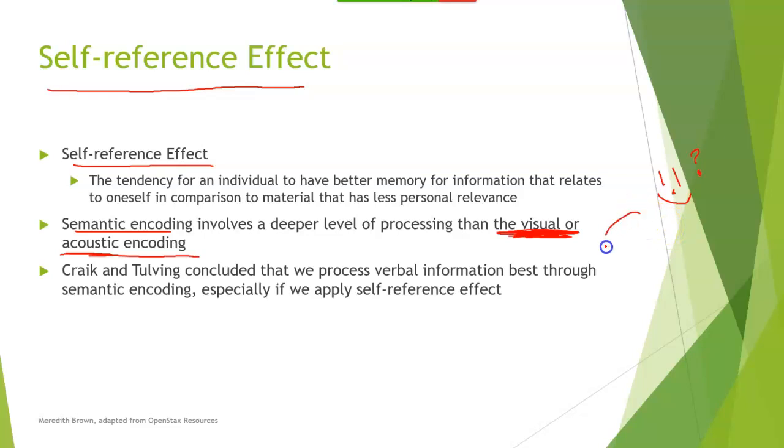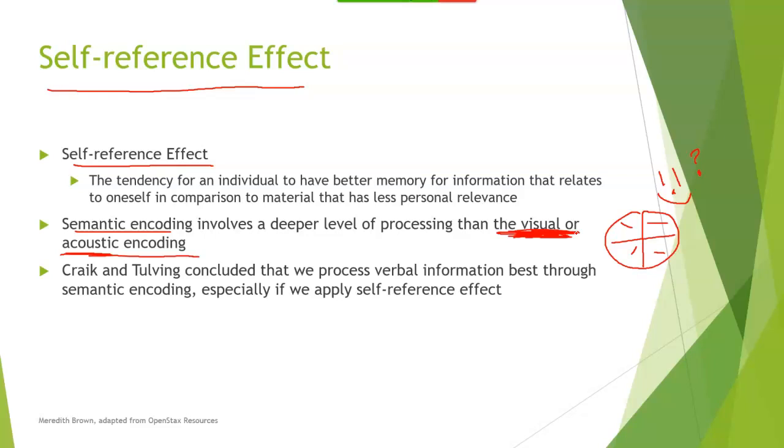But the truth is, when we start talking about learning styles, everyone is pretty much equal in all of the learning styles. You may lean towards something because it's a preference, or it's how you were raised, or it's how you've always done it. Like, I am very acoustic encoding. I'm very much hearing. But if I hear someone's name and I see their name on a name tag, I'm going to remember it.